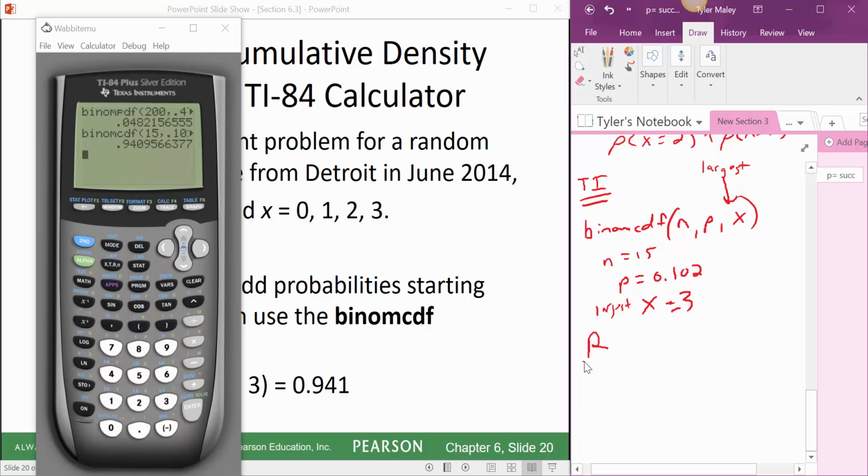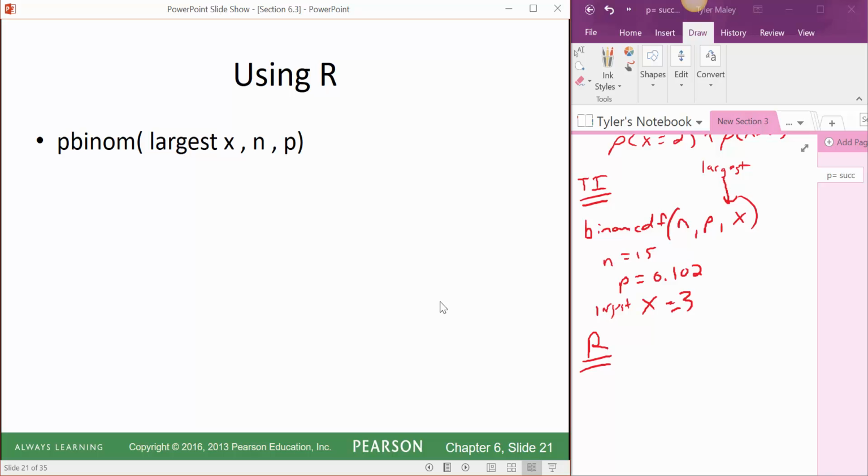So in R, I'll show you how to do that. In R, you're going to use the pbinom command, right? So you use pbinom, and then we type in x, and then n, and then p, right? So let me pull up R again.